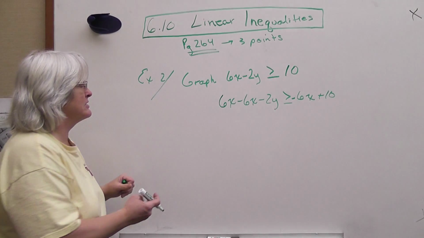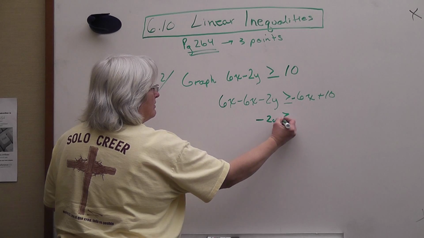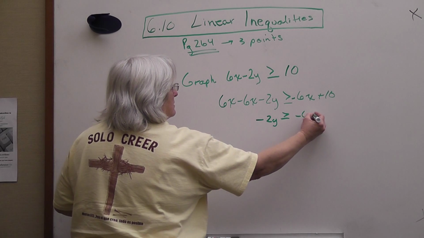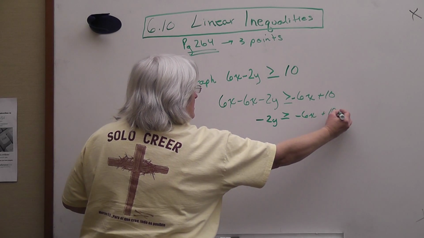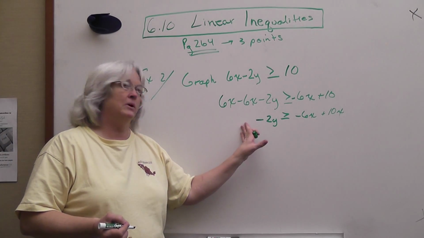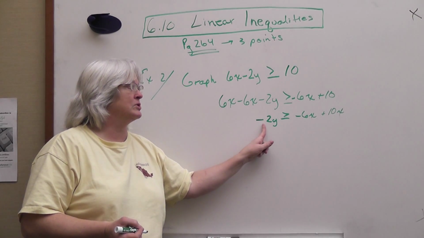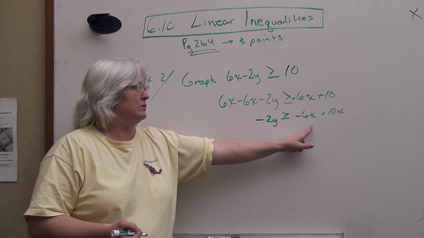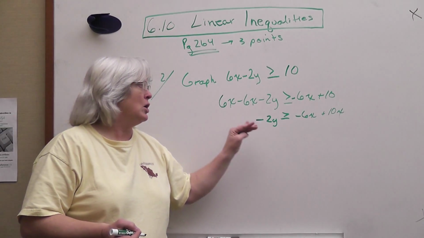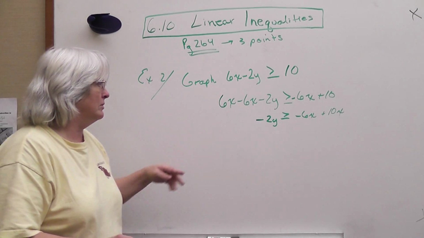We've subtracted 6x from both sides of the inequality. We have minus 2y greater than or equal to negative 6x plus 10. We can multiply both sides by the reciprocal of negative 2, which is minus 1/2, so that we have only one y, or you can just divide both sides by negative 2.